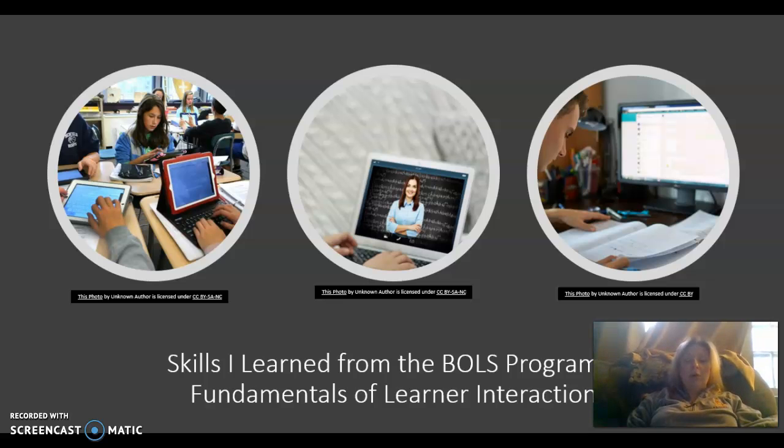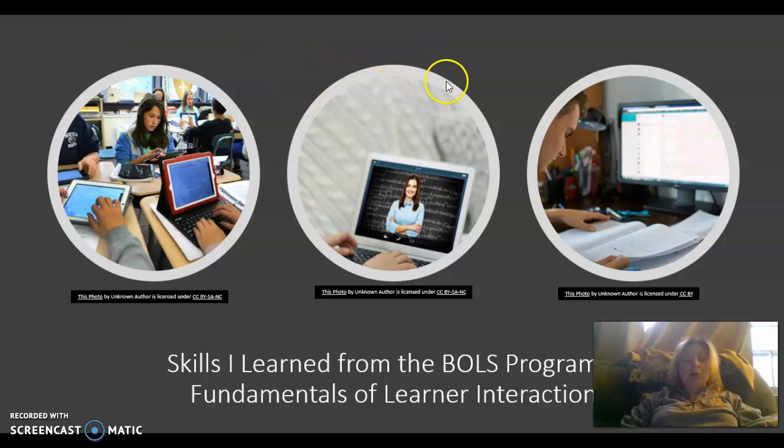So getting programs together like Flipgrid and discussion boards makes their virtual learning more personable and more engaging.